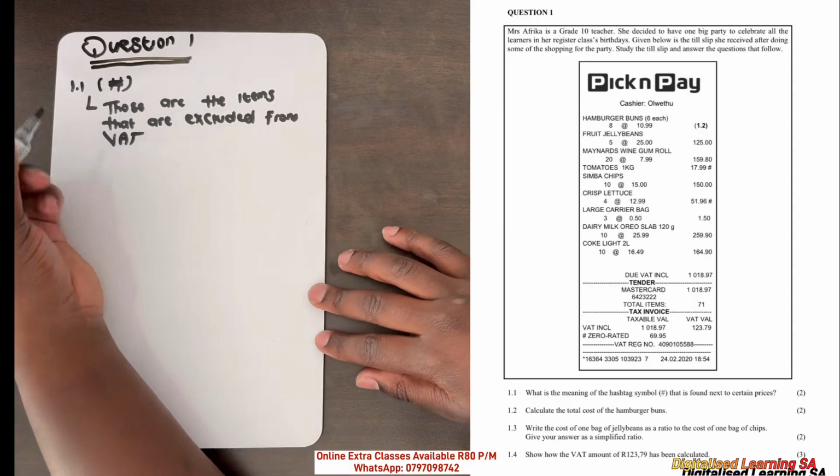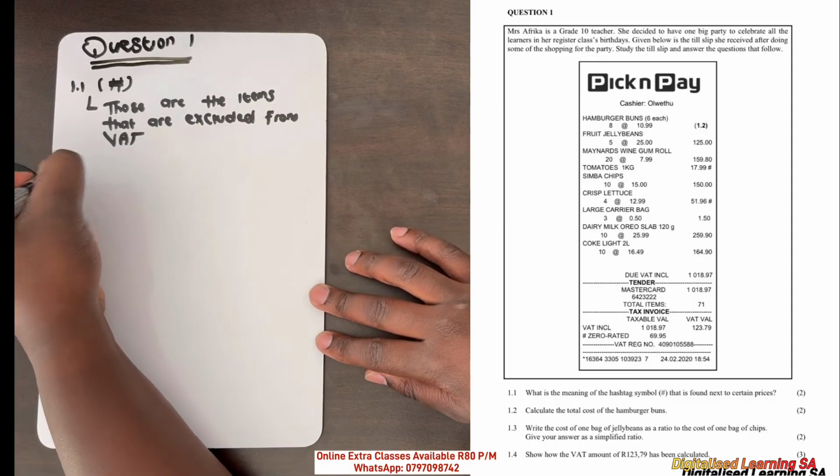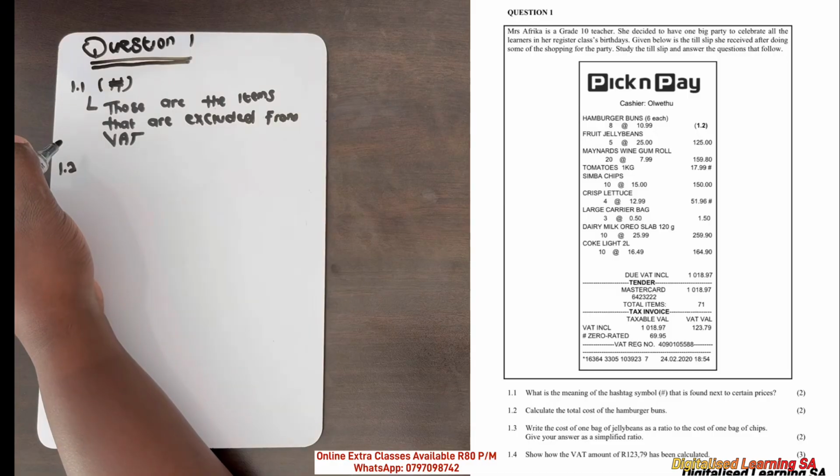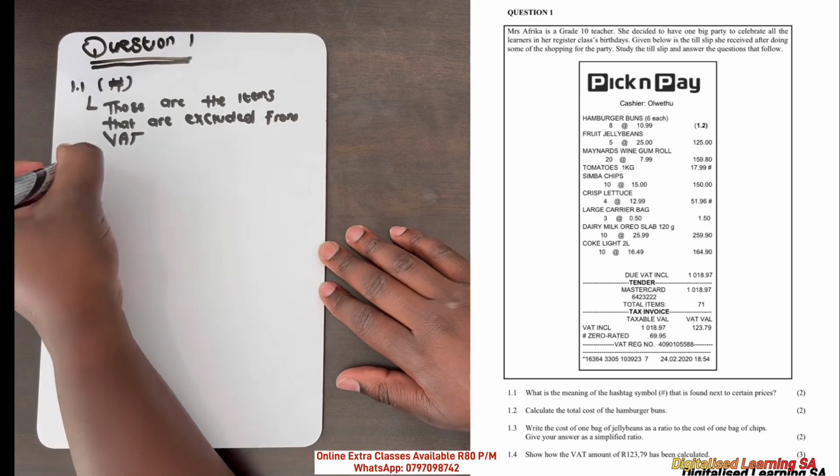Okay, so now let's move to the next question, which is question 1.2. Question 1.2 says, calculate the total cost of the hamburger buns. If we look at our slip, the first item is the hamburger buns, and 8 items were bought. Each was costing 10 rand 99 cent.